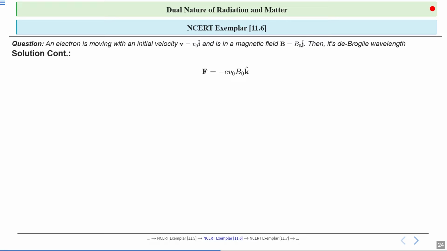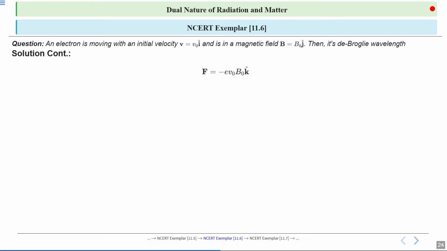If the particle were a proton, then the force would act along the positive z direction. But here the charged particle is an electron, so the force will be in the opposite direction compared to the case of a proton. So the force will act along the negative z direction.